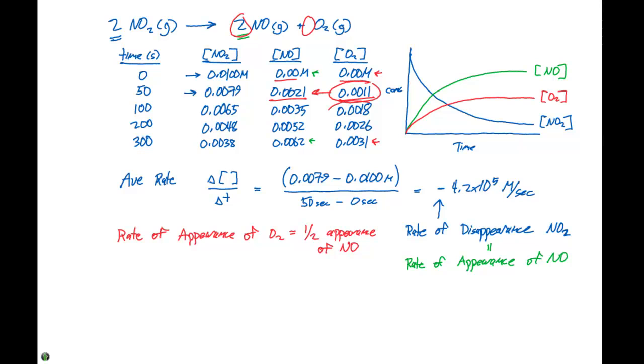Then 0.0018 and 0.0035, 0.0026 and 0.0052, 0.0031 and 0.0062. As we progress, and if we collect our data properly, we're going to see that the rate and the concentration that we end up with is directly proportional to the stoichiometry of the balanced chemical equation.